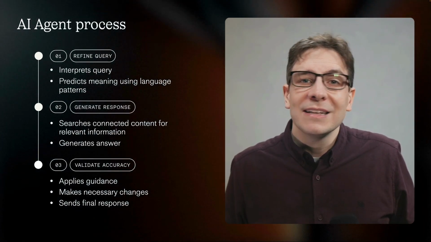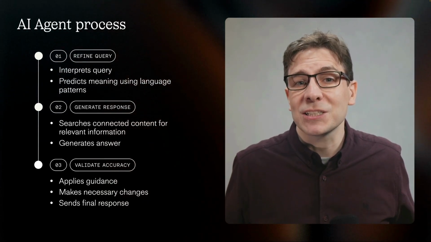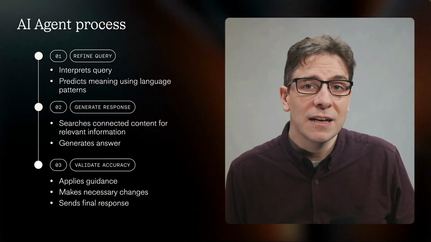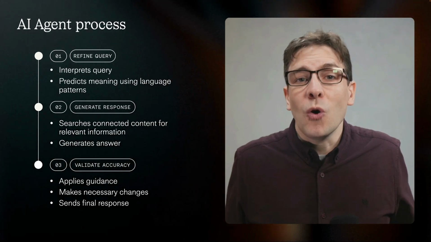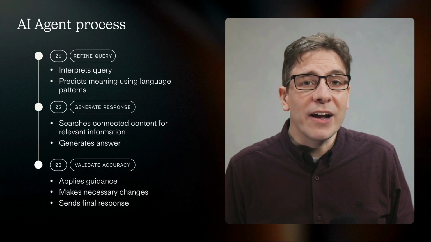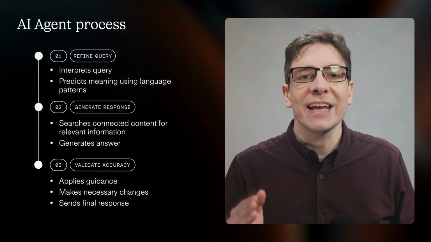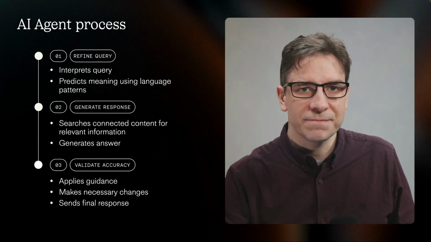For example, teams often point their AI agent at their website and just expect it to answer everything a customer asks. Or they might assume that more content will lead to better answers. Or they just expect their AI agent to get the gist like a human would, when it really needs clear, consistent instructions.